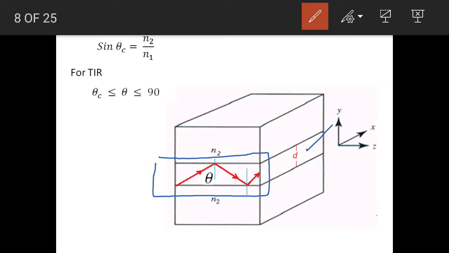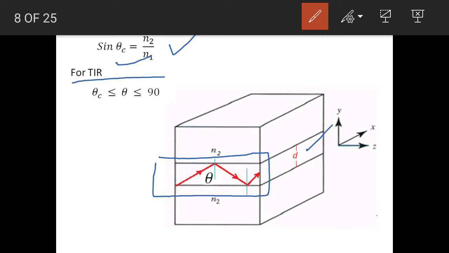We can calculate the critical angle with the help of this equation: the sine of the critical angle will be equal to n2 by n1. So this is the condition for the total internal reflection.